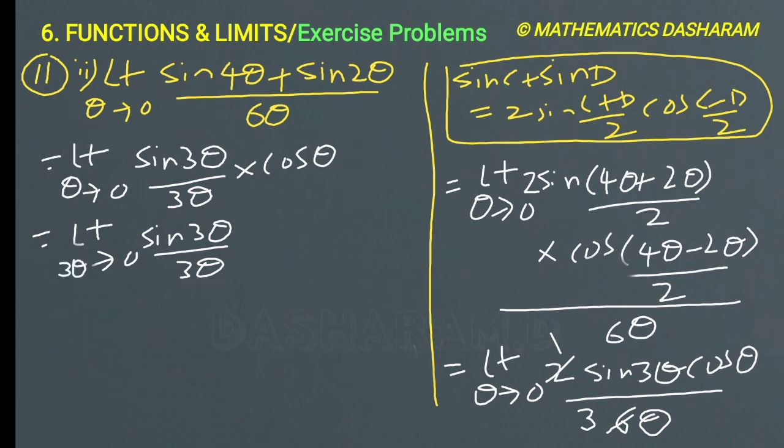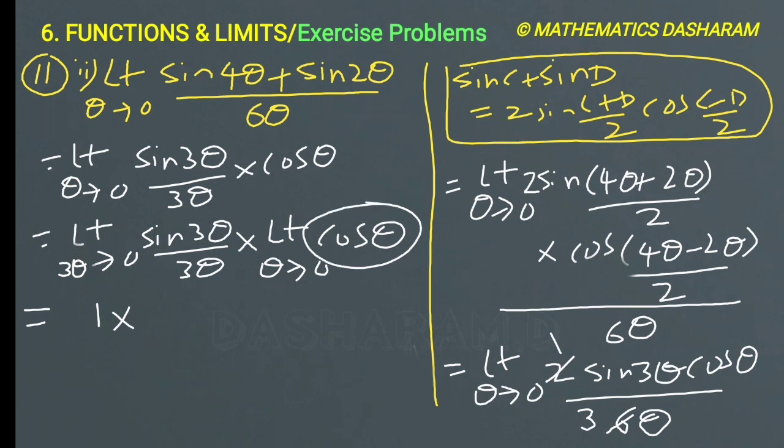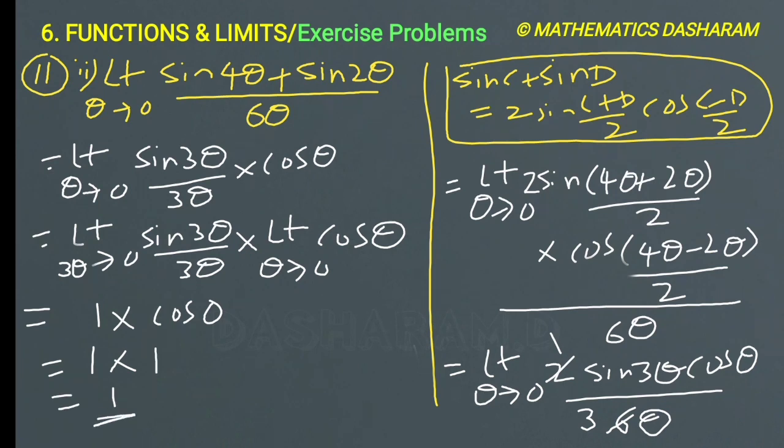So limit 3 theta tends to 0 of sin 3 theta by 3 theta is 1, and in the second, substitute theta value 0. So cos 0 is 1, 1 into 1 is 1.